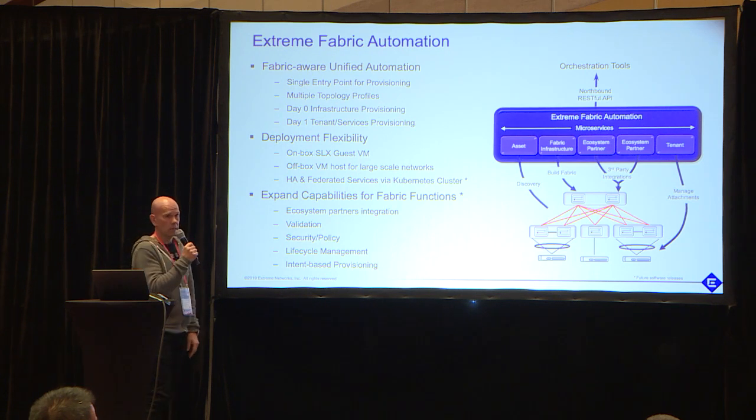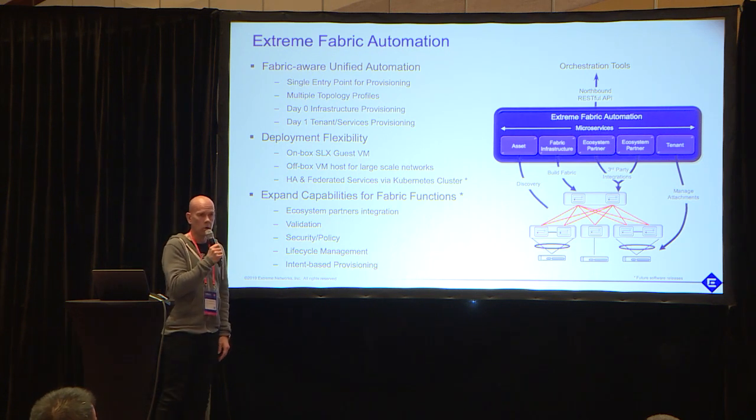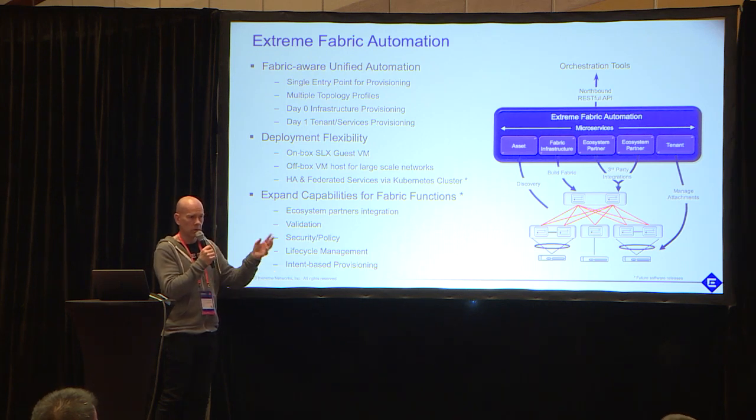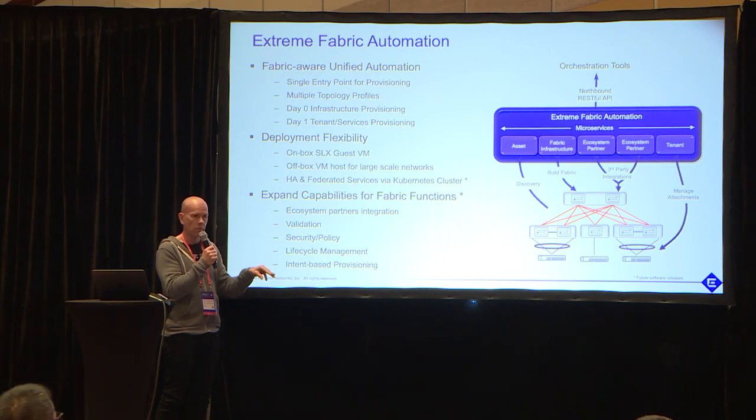You can have this on-box or off-box. What does this mean? On-box means that, assume you have a switch, a network switch. You have a virtual machine running on that one, something called a TPVM, third-party VM, which would host that application, which means that I can run this application within my fabric.